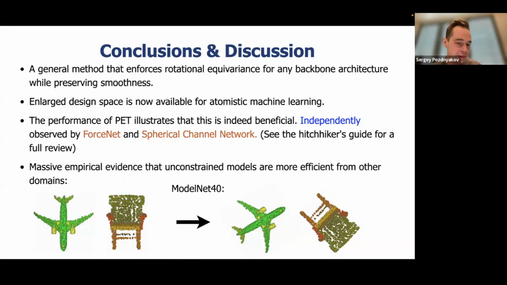And despite this fact, the leaderboard for this benchmark is dominated by unconstrained models, which are not rigorously invariant with respect to rotations, such as the ones in our field of atomistic machine learning. This is a strong empirical argument that unconstrained models might be more efficient, and it is at least worth giving them a try.